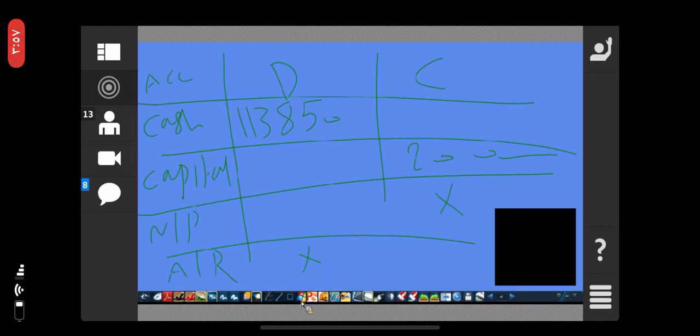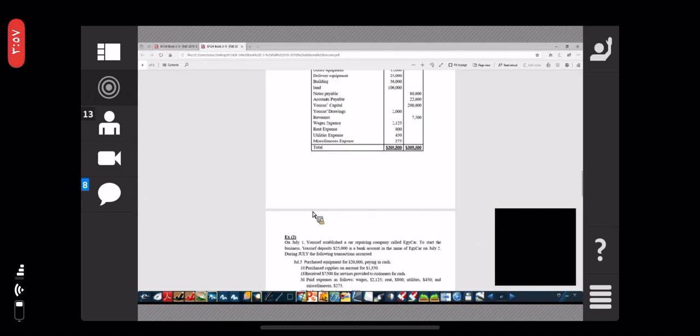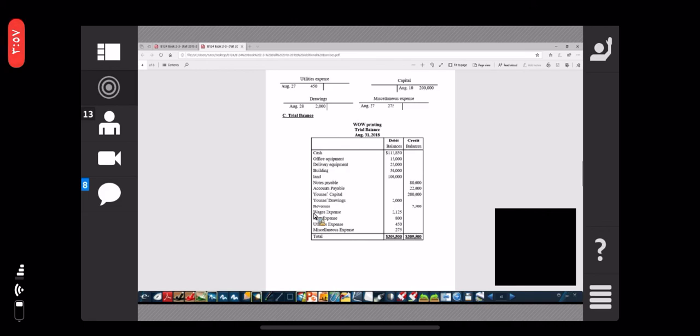So after that, prepare the trial balance. This is the trial balance. We put the account names, and this is the balance for each account. So the total amount for debit equals the total amount for credit. And now you can find the amount of capital.